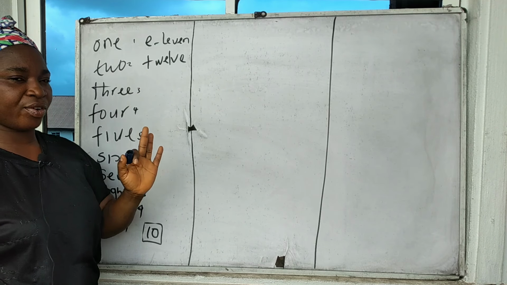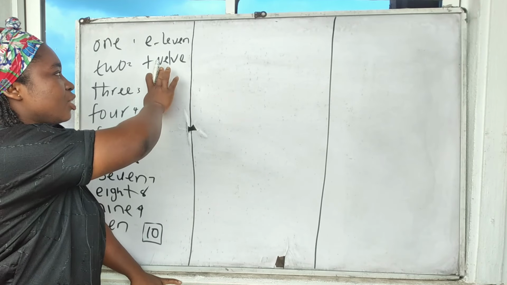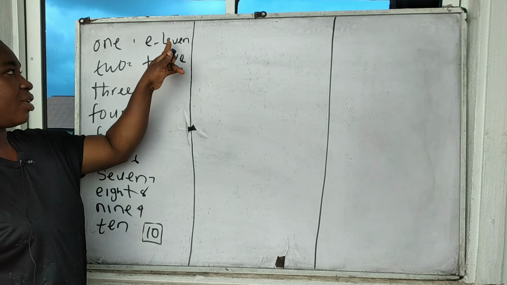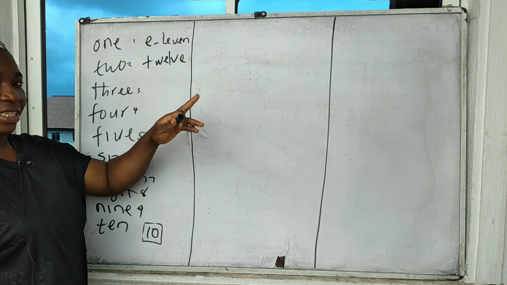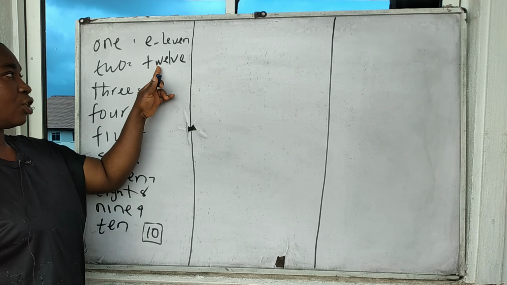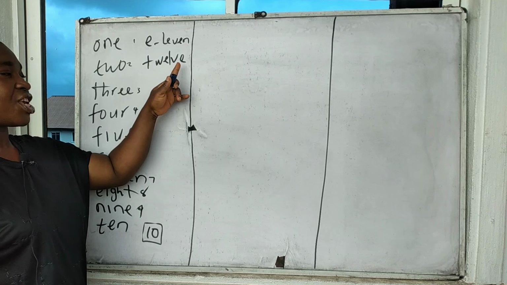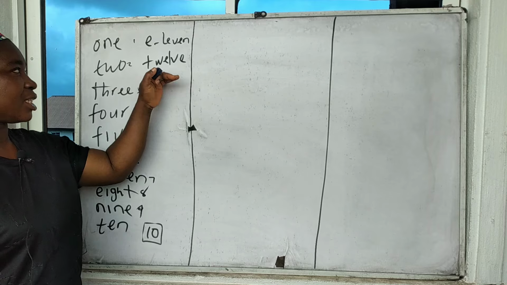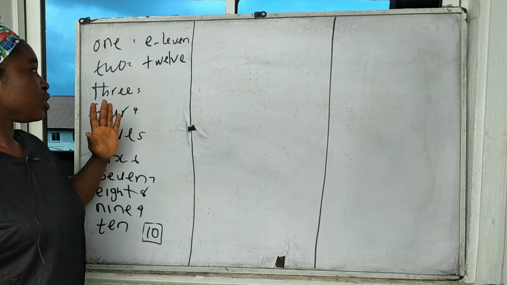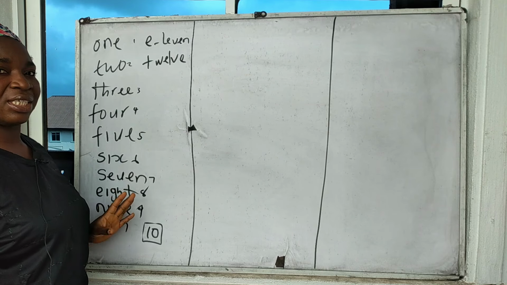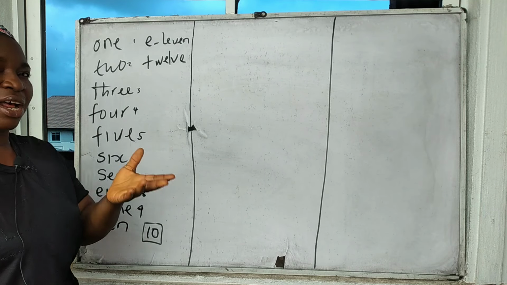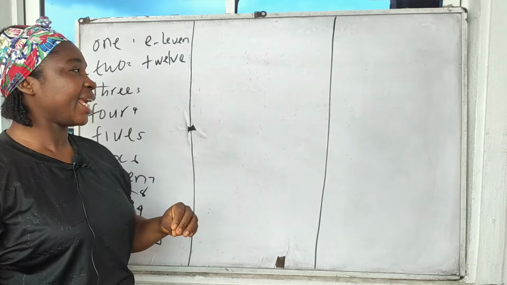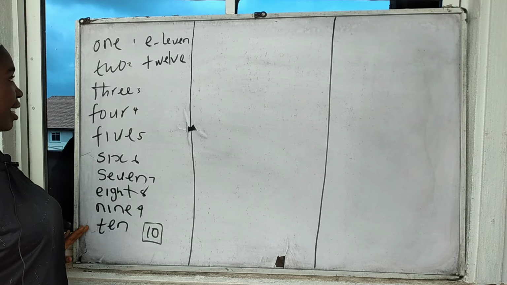I don't know if you can see the board very well. So from here to this point, we usually have some confusion. It is very important that you master how these are spelled, because sometimes when you pronounce them and write them out, their meaning tends to sound different from their pronunciation. That is why it is very important that you master it to this point.